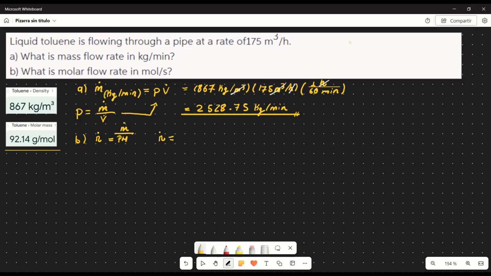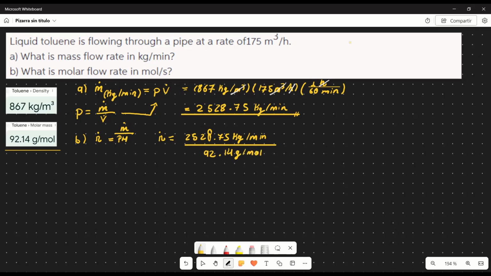Given this, we can determine the molar flow rate of toluene within the pipe. We know already that the mass flow rate is 2,528.75, sorry, 2,528.75 kilograms per minute. We're going to divide that by its molar mass, which is 92.14 grams per mole.